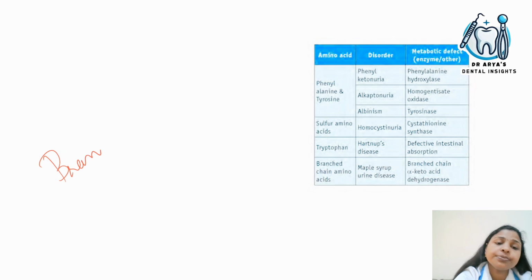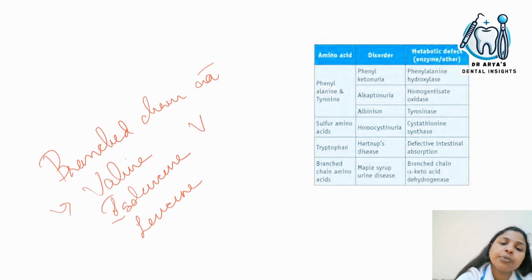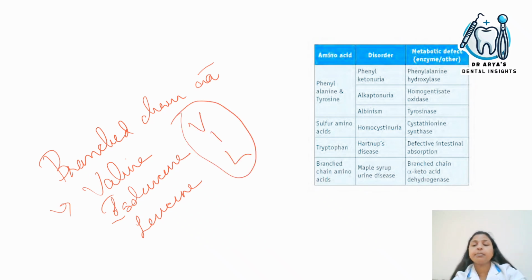They are valine, leucine and isoleucine. VIL is the mnemonic for branched chain amino acids.